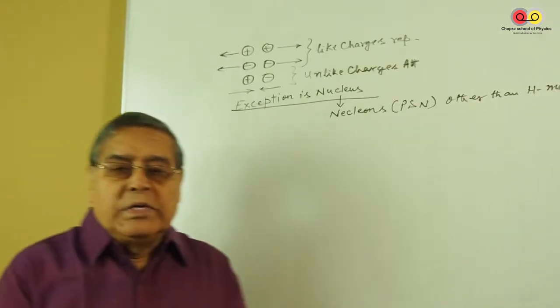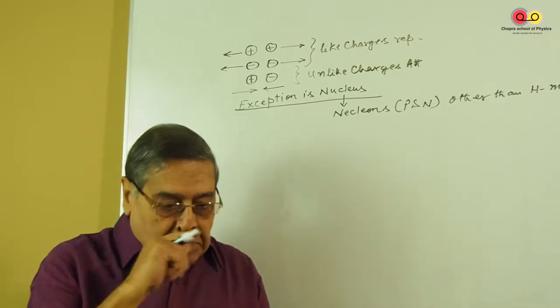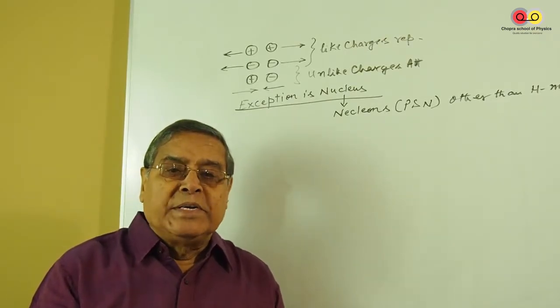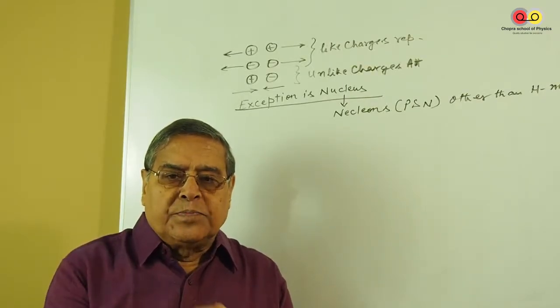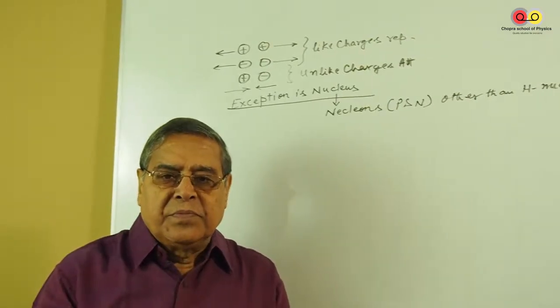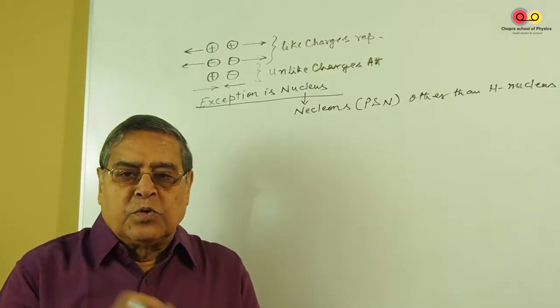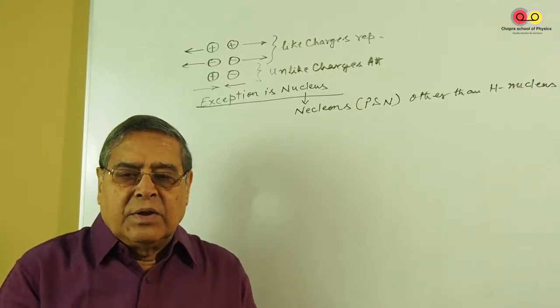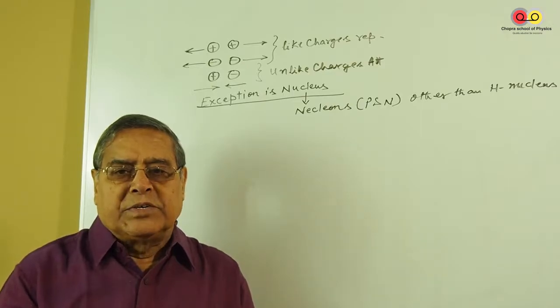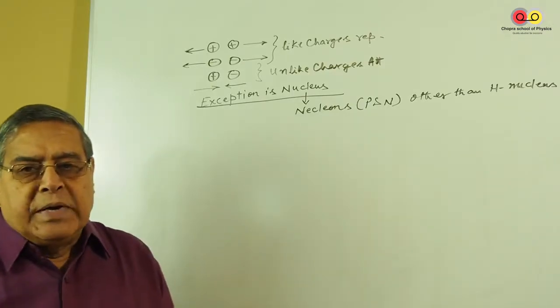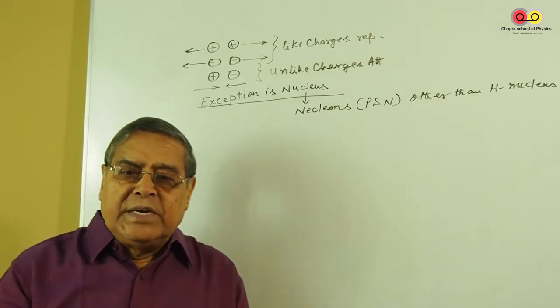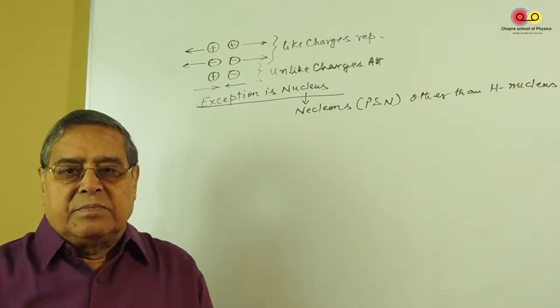Now within the nucleus we will remember there are three types of combination among the nucleons. These combinations are called the proton-proton combination, the neutron-neutron combination, and the proton-neutron combination. So these nucleon pairs are within the nucleus and there are three types of nucleon pairs.